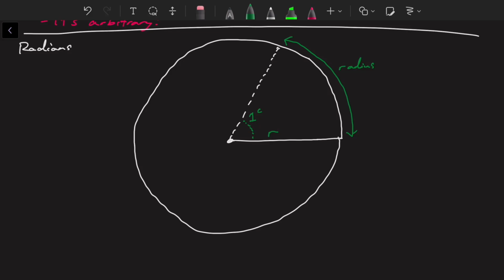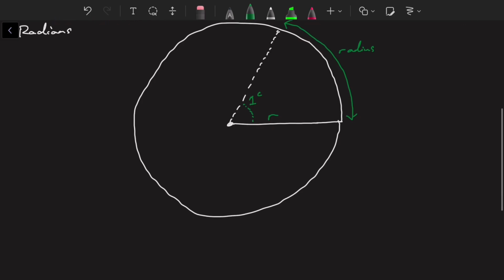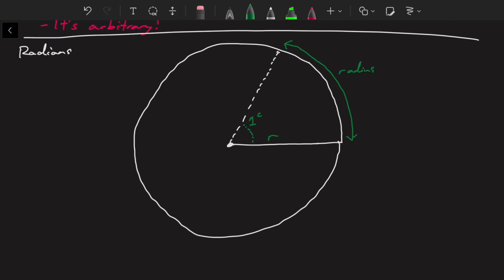Now, why would we do that? Well, firstly, it just means we're measuring our angle with some relevance to this. 1 radian is the exact angle that we need so that we've traveled 1 radius length. Cool. So what? Well, the reason is because now we get to relate it to the very natural geometry of a circle.